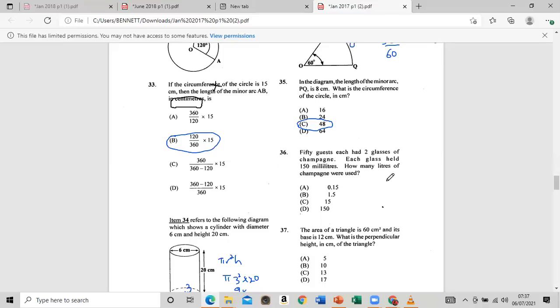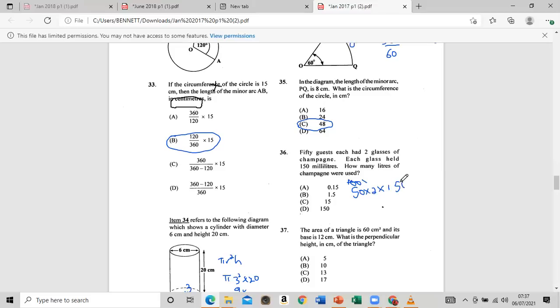All right. So 50 guests each had 2 glasses of champagne. Each glass held 150 milliliters. How many liters of champagne were used? So look at this. 50 guests, and each one of them has 2 glasses. So 50 guests times 2, and then we times it by 150.